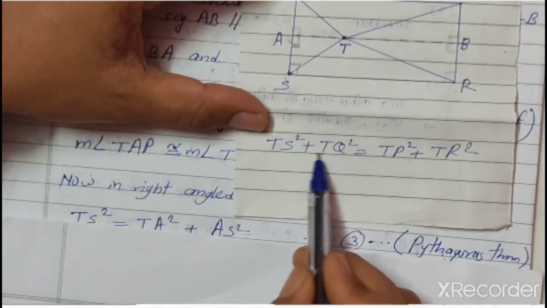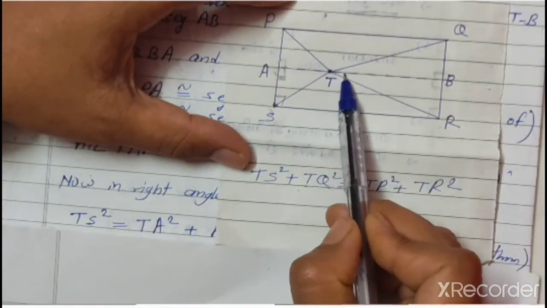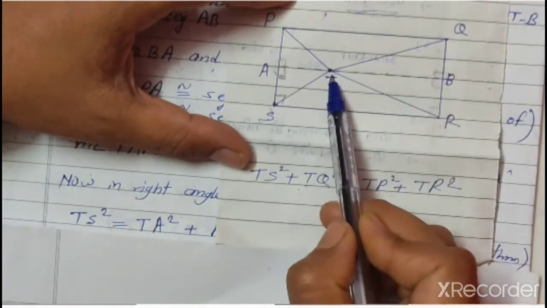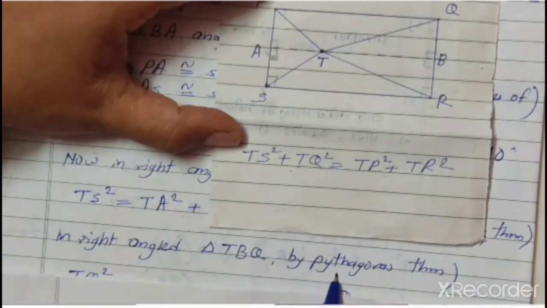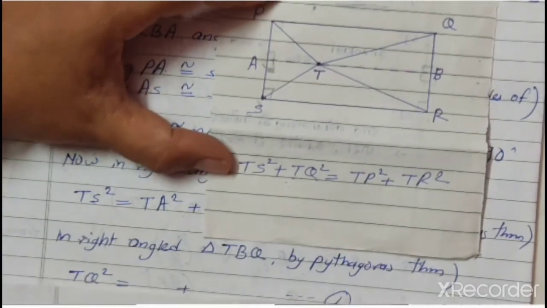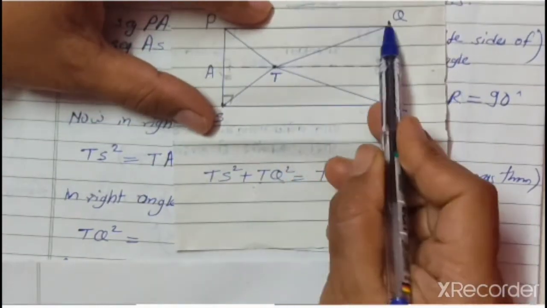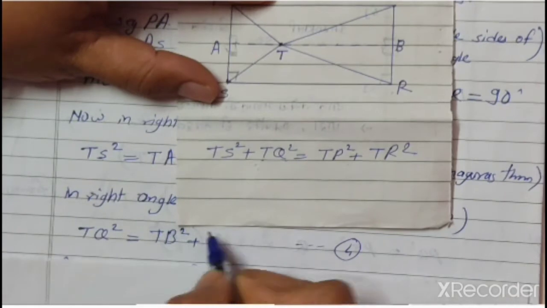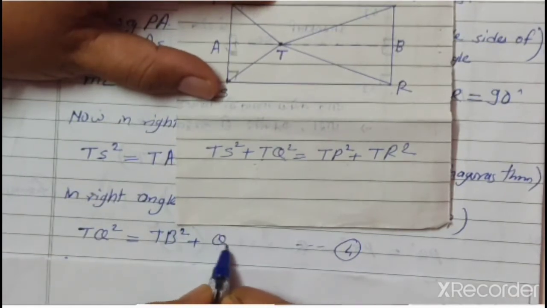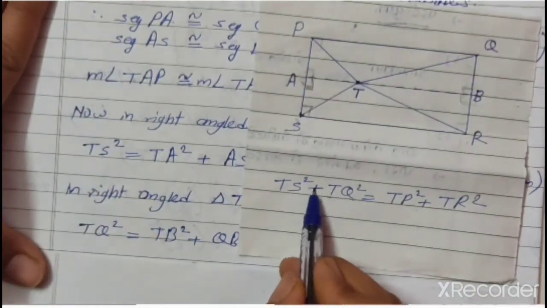Again use this TQ. TQ is a part of this right angle triangle TBQ. So in this triangle TBQ, by Pythagoras theorem, hypotenuse square is equal to side 1, here TB square, and the second side is QB square. Equation number 4.